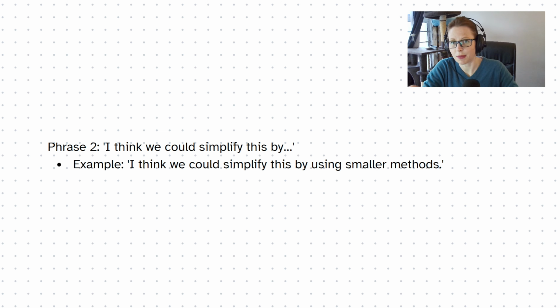This is where my TA helped me, and he said, "Well, I think we could simplify this by doing X, Y, and Z." And in that moment, it made sense to me. And it really helped me. For example, "I think we could simplify this by using smaller methods."